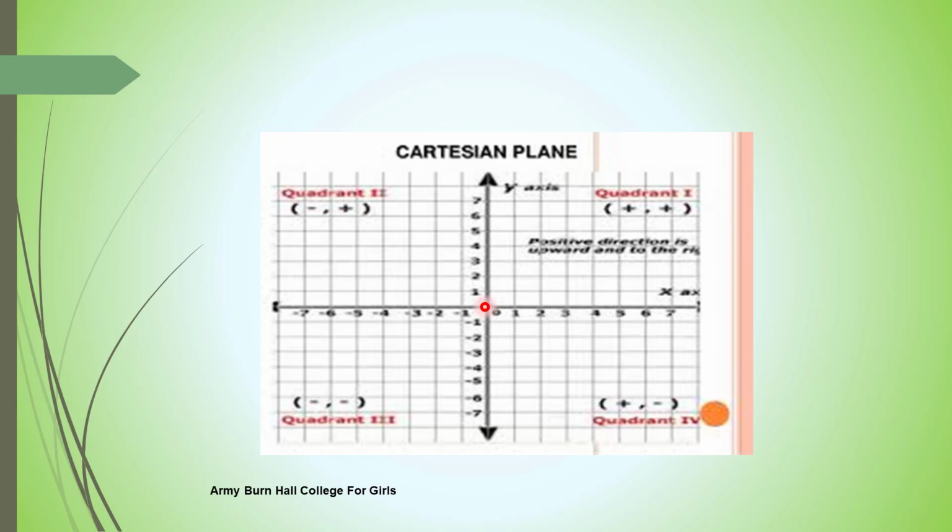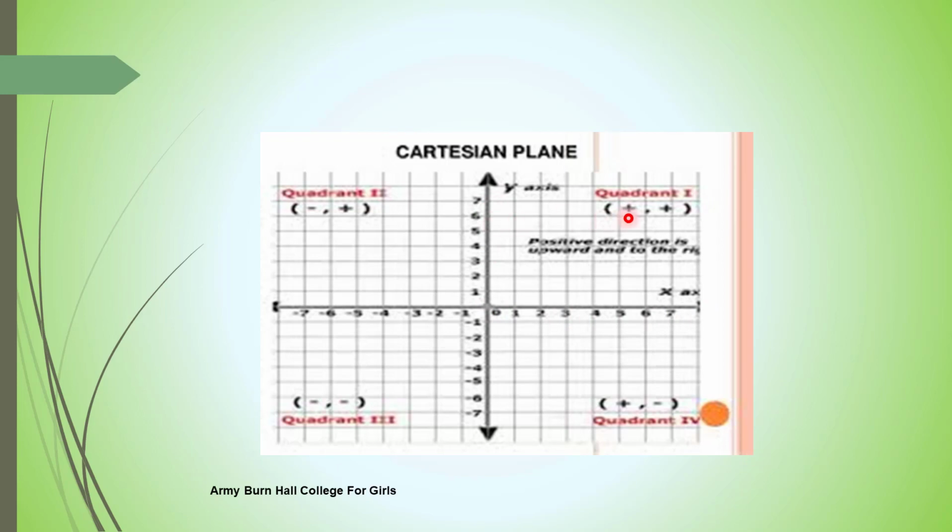That's why right now we are just showing the x-axis, the horizontal line, and the y-axis, the vertical line. So this is our first quadrant, which has positive x-axis and positive y-axis. You can see over here the quantities along the x-axis are positive and the quantities along the y-axis are also positive.